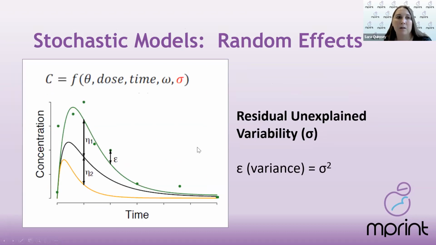Another source of random effect is residual unexplained variability, or your sigma and epsilon terms, and these are the unexplained variability that may be due to differences or issues with an analytical assay or other aspects of the PK parameters that aren't captured by your covariates and your intersubject variability.